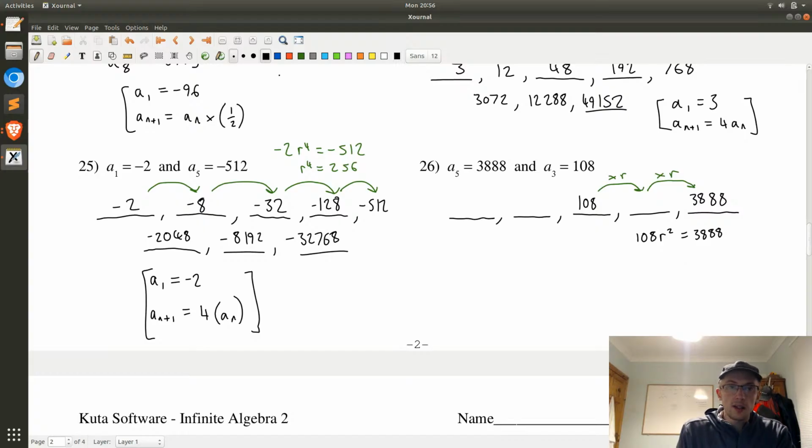So we can now get the intermediate terms. First, divide 108 by 6, so we have 18. And then by 6 again, so we have 3. And then times it by 6, so we have 672. Wrong. Times it by 6 properly, 648.